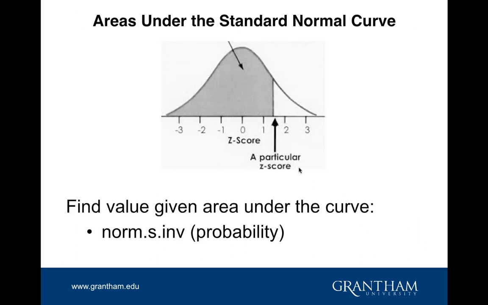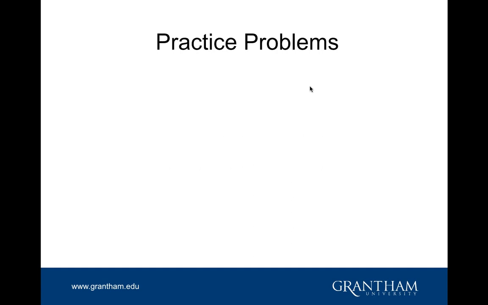Now, let's see if we can do some examples, and then we're going to come back and talk about something else. There are 8 problems that we're going to try and do. The first problem is the area to the left of Z is equal to negative 1.04. The second problem is the probability of Z being less than 1.19.